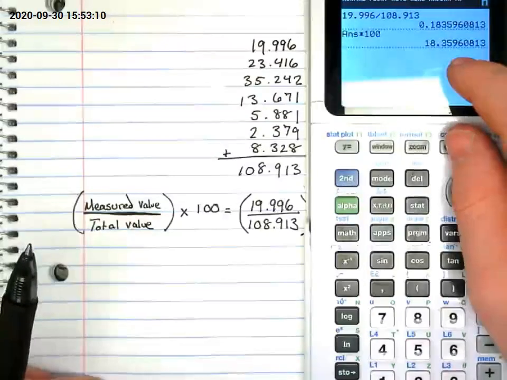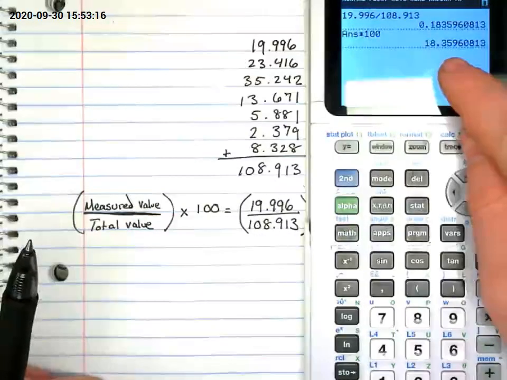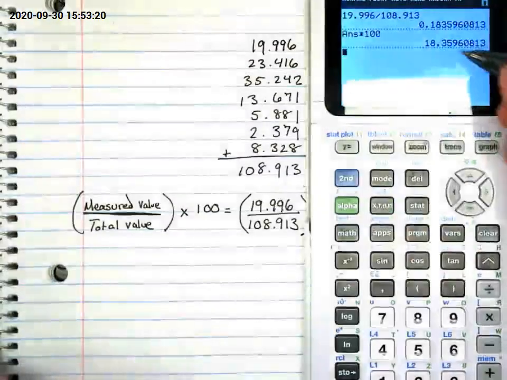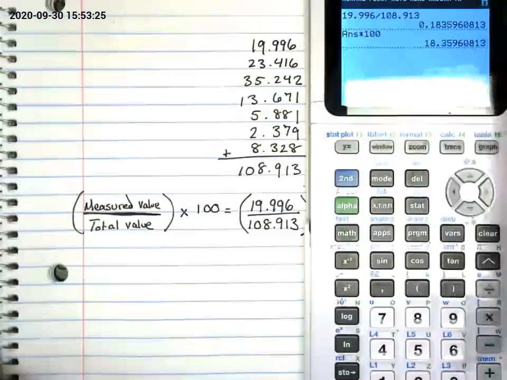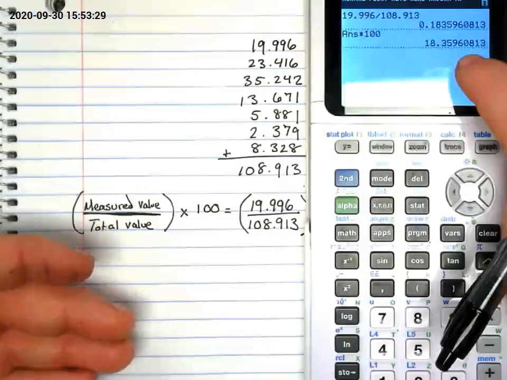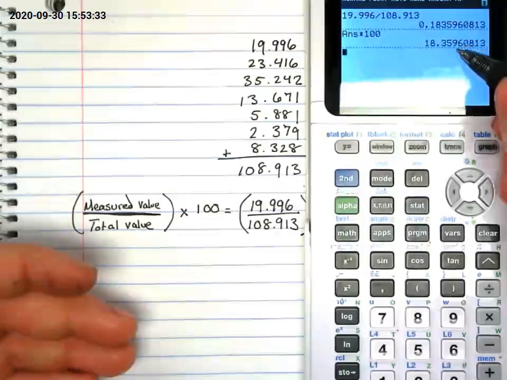I'll be picking better examples for circle graphs with more whole numbers, where this won't be an issue. But for rounding, if we're going to go to 3 decimal places, we need to look at the 4th decimal place, that's 6, and ask ourselves, is that number greater than or less than 5? If it's greater than 5, we round up the next number.